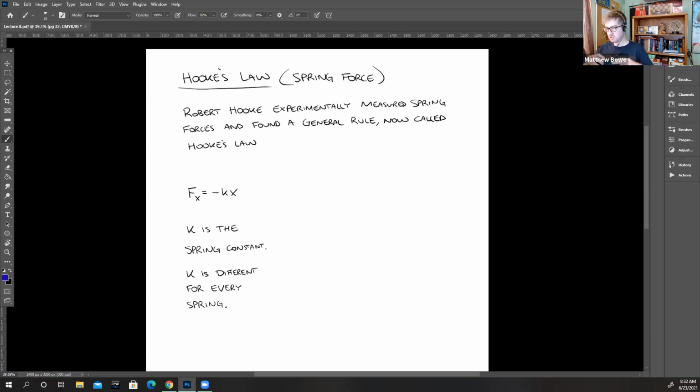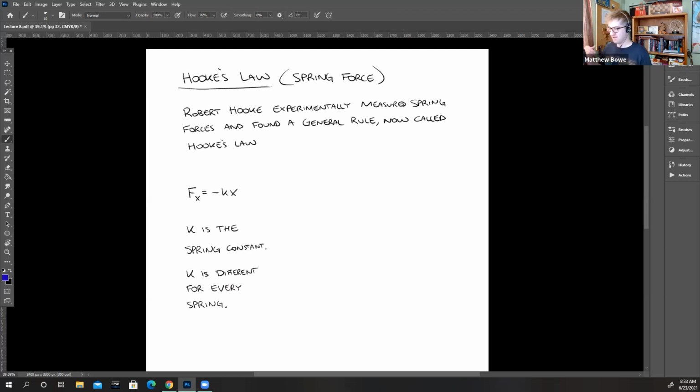There are some that stretch really easily. This property of how hard a spring is to stretch or contract is called the spring constant. And this value is different for every single spring.